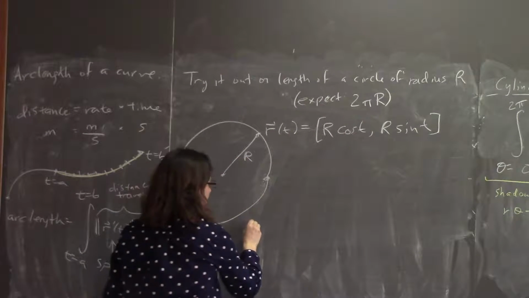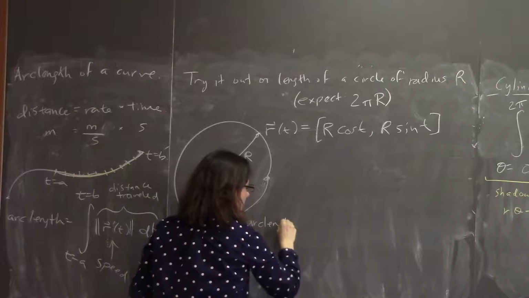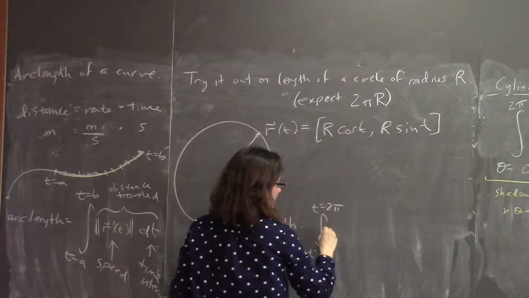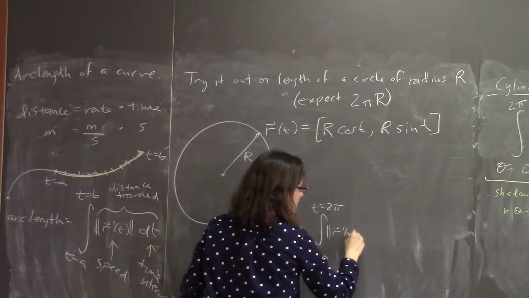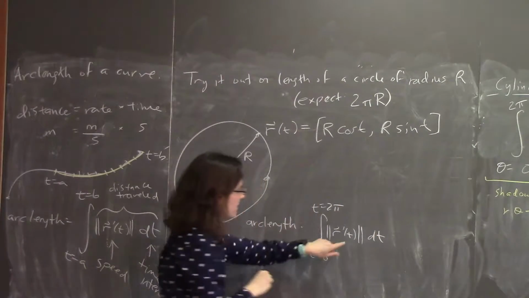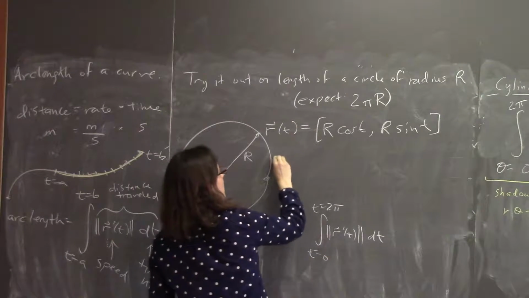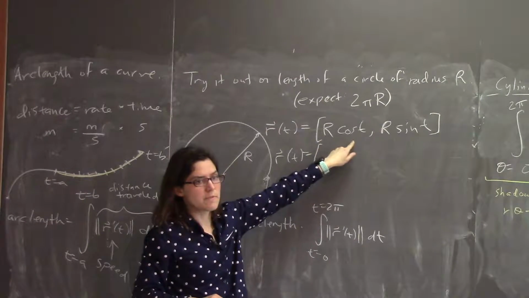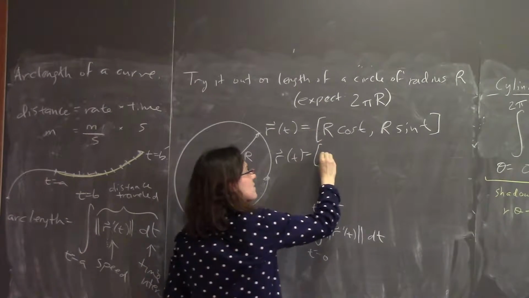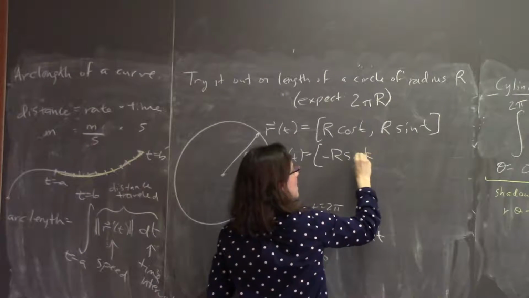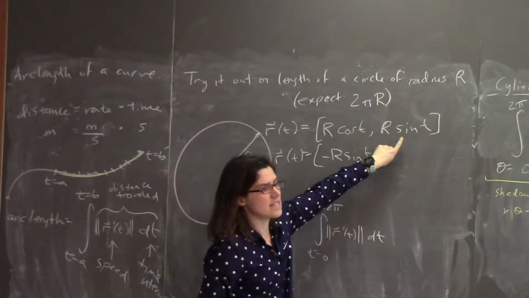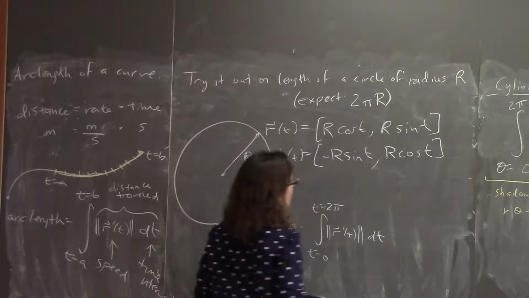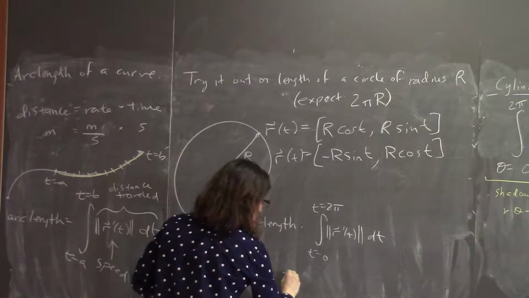Okay, so to find the arc length, we'll do from t equals 0 to t equals 2 pi of the magnitude of r prime of t times dt. So we better find the magnitude of r prime of t. So we, I guess, should compute r prime of t. So the derivative of r cos t with respect to t is negative r sine t. And the derivative of r sine t with respect to t is r cos t. Okay? So we would like to find the magnitude of that.